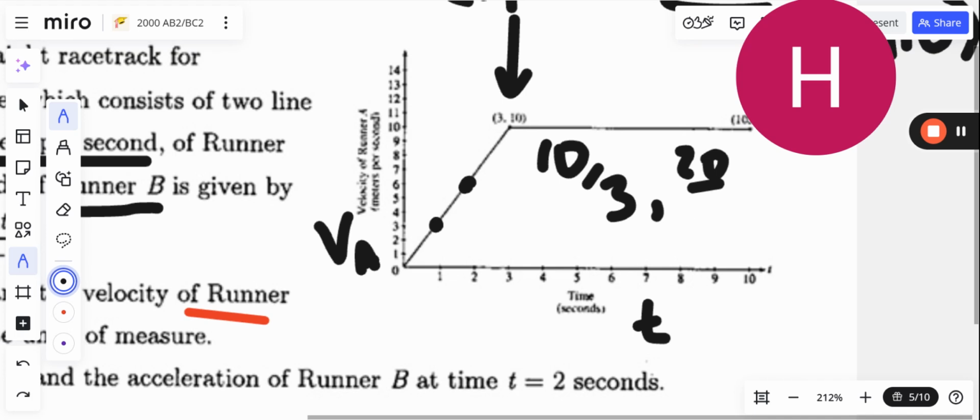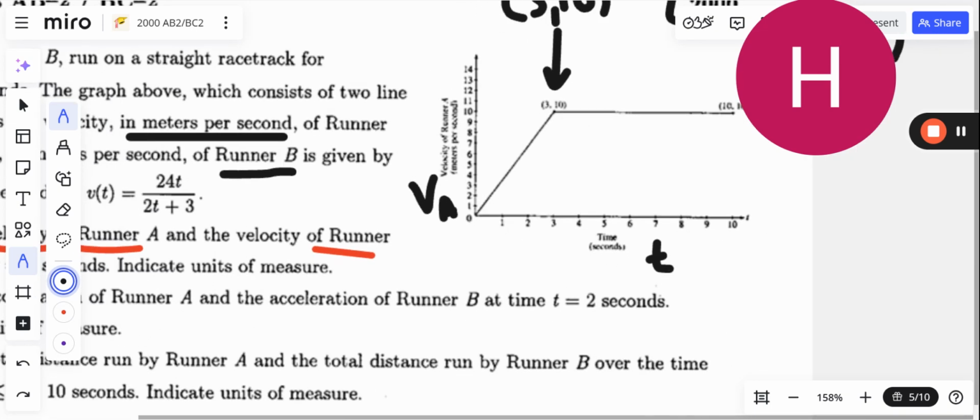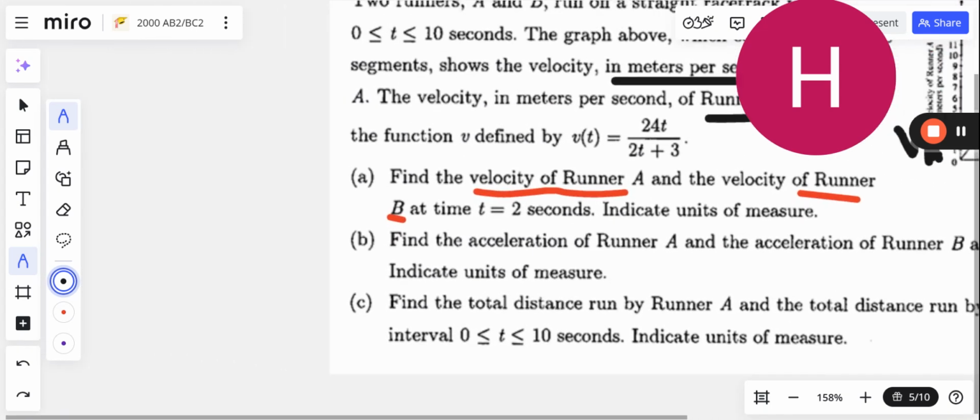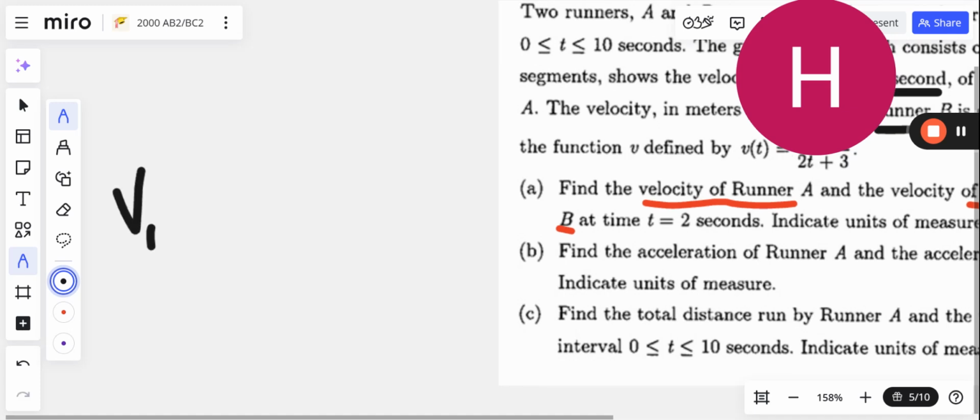And then finally, we're going to be at 30 thirds, which is also just known as 10. So if you realize that the slope of that line is 10 thirds, it's pretty easy to figure that the velocity of runner A at 2 seconds is 20 thirds, and this is in meters per second.